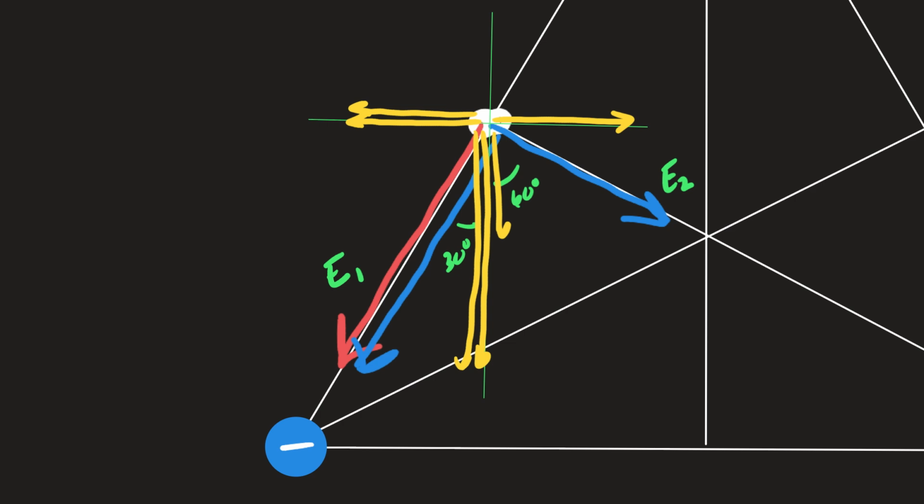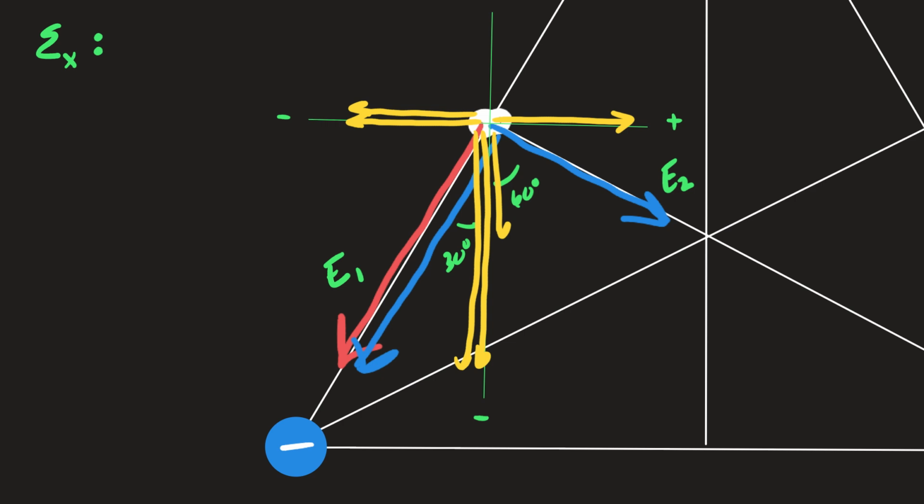All right. So based on what I have here, let's do all the electric field components that are going to be in the x direction. I'm going to make this negative, this positive, and this, I guess, negative to be consistent.